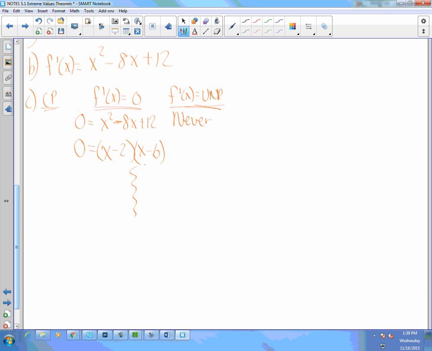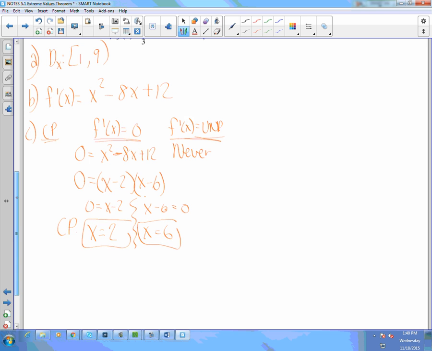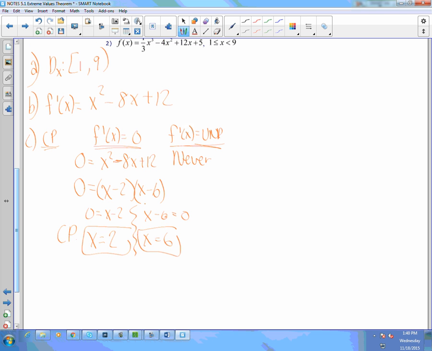Jasmine, how do you apply the zero property? Yeah. So we take the factors and set them equal to zero and solve. So this one is positive 2. This one is positive 6. So those are critical points, or x-intercepts of the quadratic function.